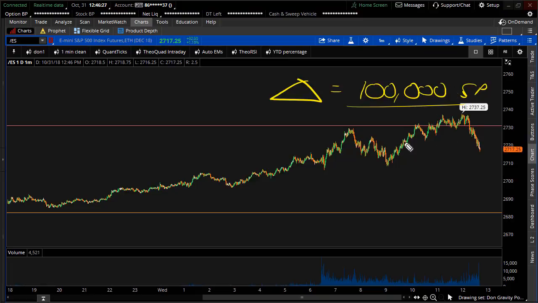As the market starts to move up, or as the market starts to move down, they have algorithms that are auto hedging this delta. So for example, if they're long 100,000 deltas, what that effectively means, we'll say for every 1 point that this product moves up or down, this firm is going to make or lose $100,000.